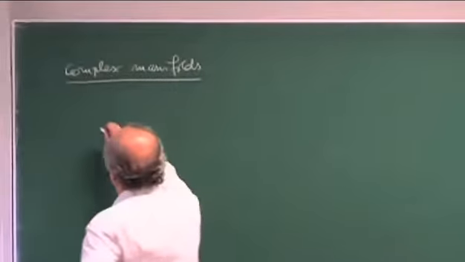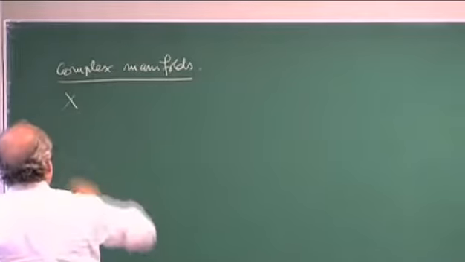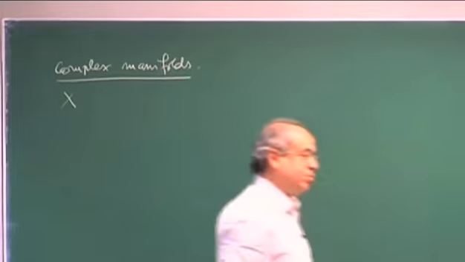So we have a topological space X, which will have some nice topological properties, which always help a lot in doing geometry on such spaces. Hausdorff, for instance.